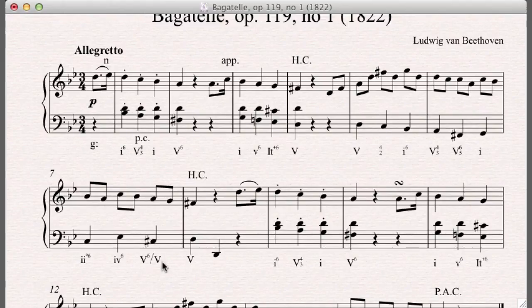I write here 5 of 5. That is, if we look at this, we see that we have A and C sharp. Well, if we added the E on top of that, we'd have an A major chord, but we're in the key of G minor. So that's like a 2 chord, but it's a major chord. In minor, it's supposed to be a diminished chord.